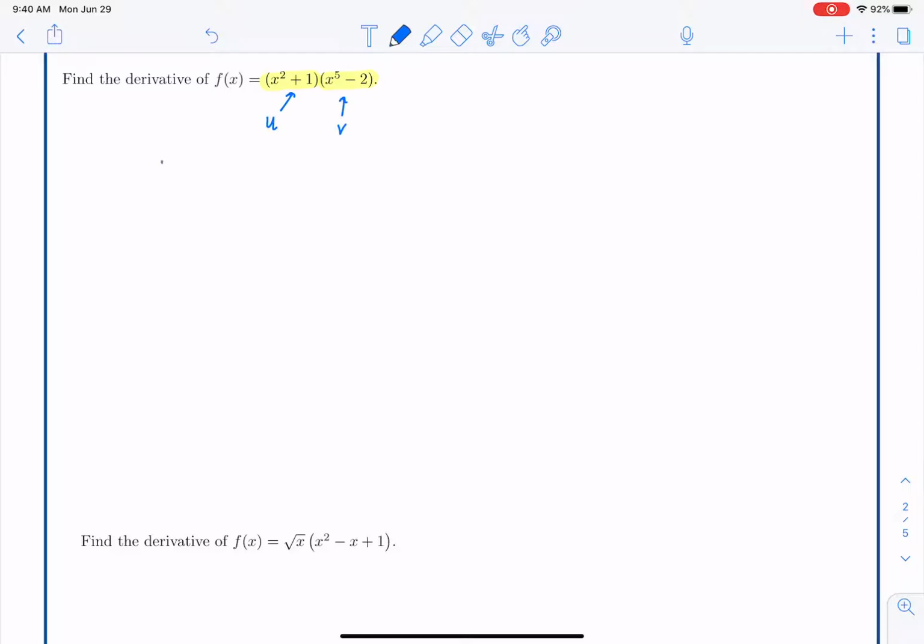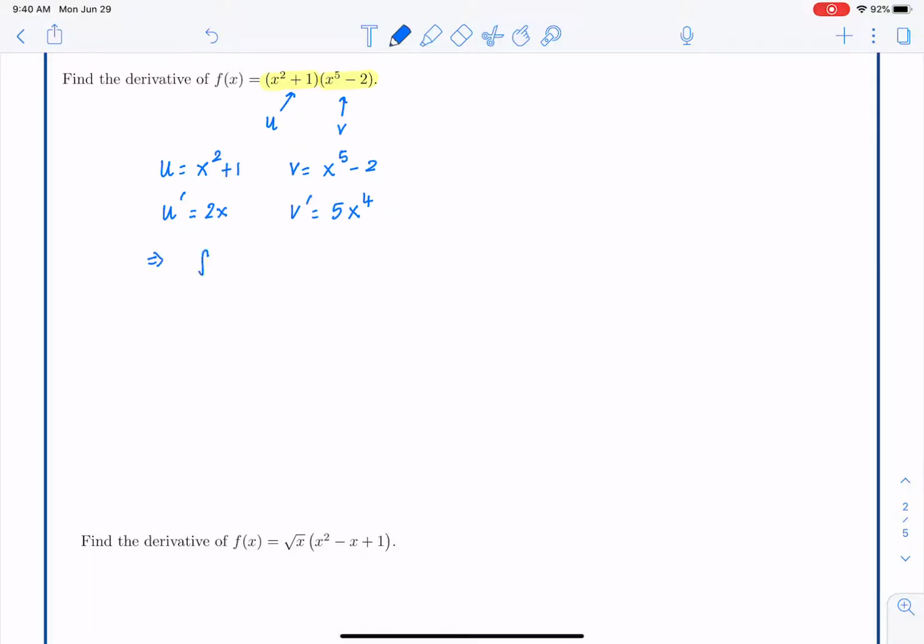So u is x squared plus 1, v is x raised to 5 minus 2. u prime will then be the derivative of x squared, which is 2x. Derivative of 1 is 0. Derivative of x raised to 5 is 5 times x raised to 4. Derivative of negative 2 is 0.